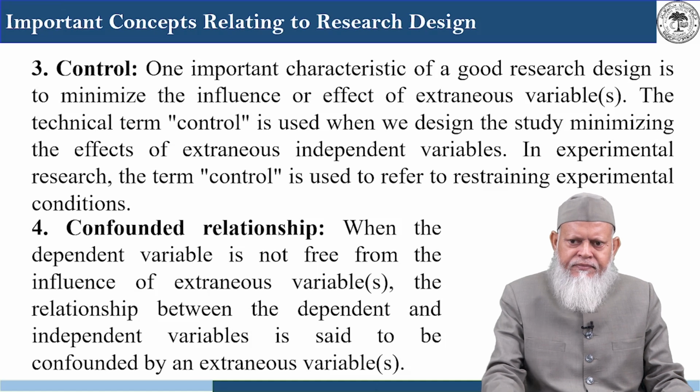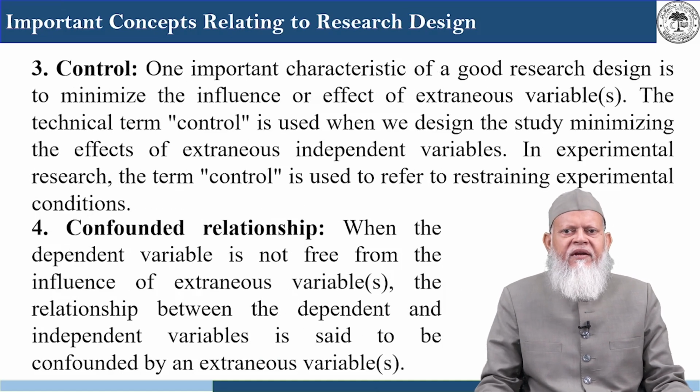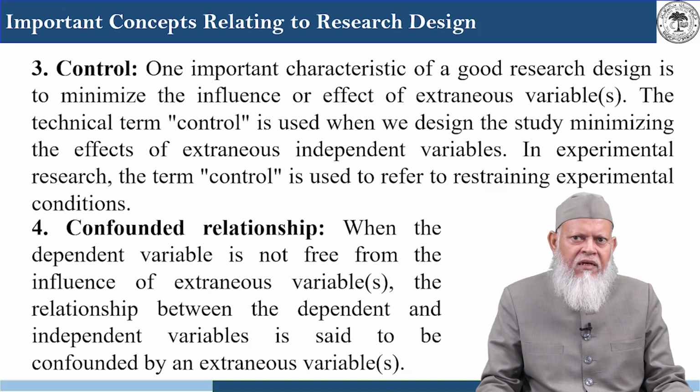Confounded relationship, what is that? If the dependent variable is not free from the influence of extraneous variables, the relationship between the dependent and independent variable is said to be confounded by extraneous variables. Like if suppose we work on the impact of fertilizer on the productivity, but we do not control the other factors.